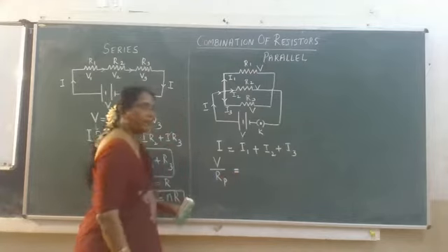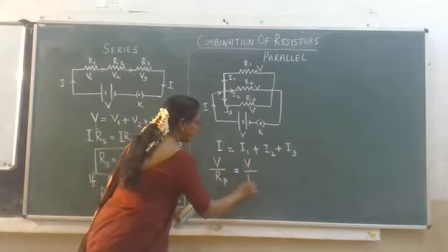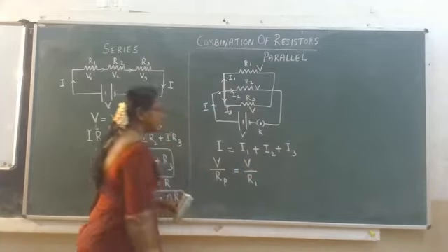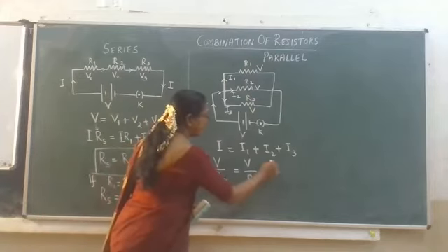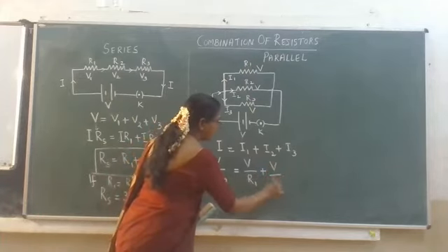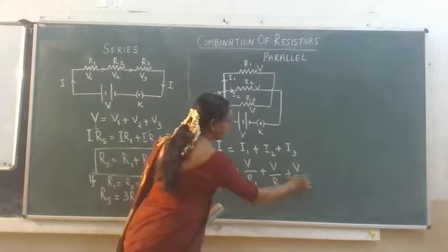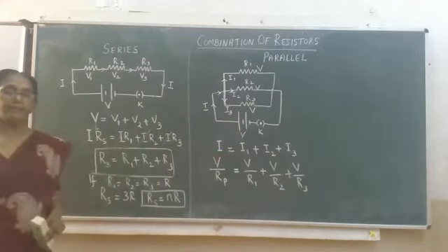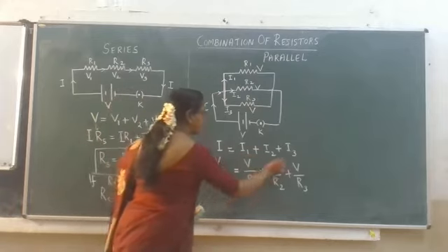I1, we can write as the potential difference divided by its resistance, V by R1. I2 I can write as V by R2 and I3 I can write as V by R3. So what is common here? V is common, therefore V we can cancel throughout.